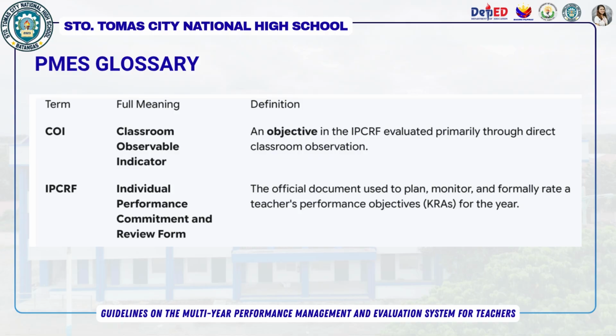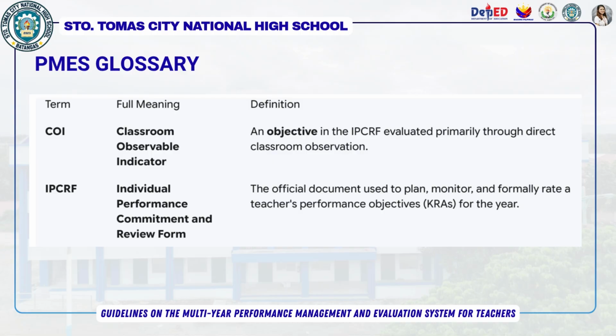Every field has its own jargon, and PMES is no different. Let's create a shared vocabulary so we are all speaking the same language. I call this our PMES glossary. First is the COI, or the Classroom Observable Indicator, an objective in the IPCRF evaluated primarily through direct classroom observation.